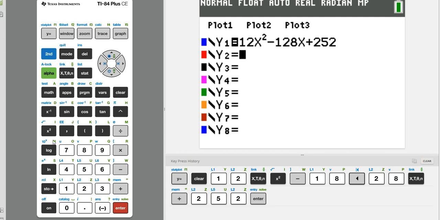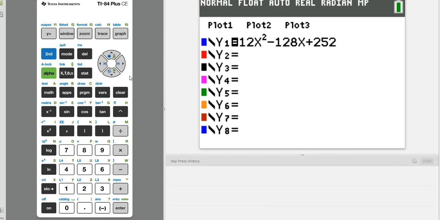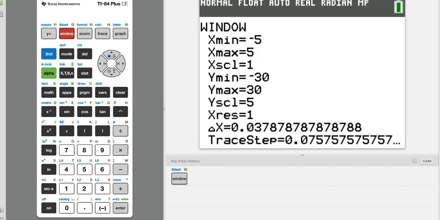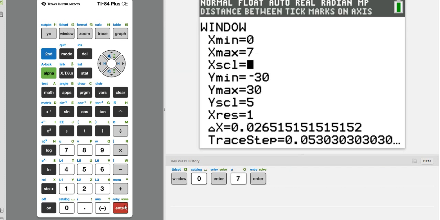I'm only going to bother graphing it in the window 0 to 7. Why 0 to 7? Yeah, that's our domain. That's where we're interested in working with this function. Sure, it's defined outside the domain, but we're not interested in anything outside it because it doesn't really form a box relative to our problem.